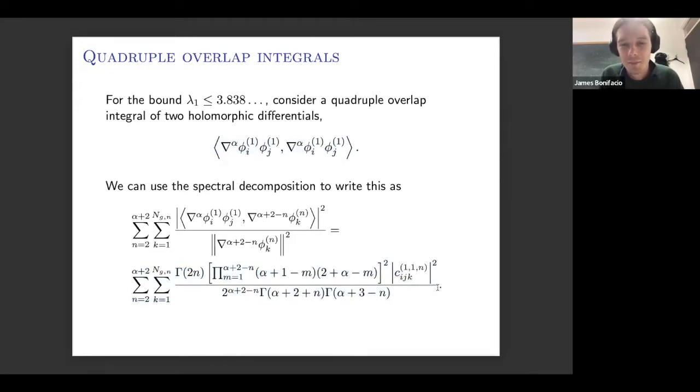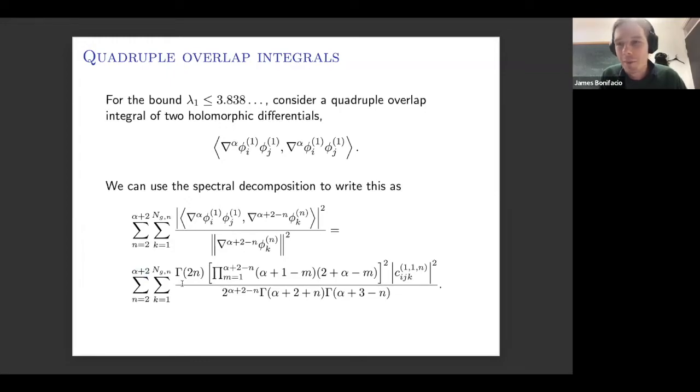So it's some reasonably complicated looking expression involving the squared norms of these triple overlap integrals, C, with some prefactors that I can write in terms of gamma functions and so on. And so I'm summing over the holomorphic S differentials with rank 2 up to alpha plus 2.